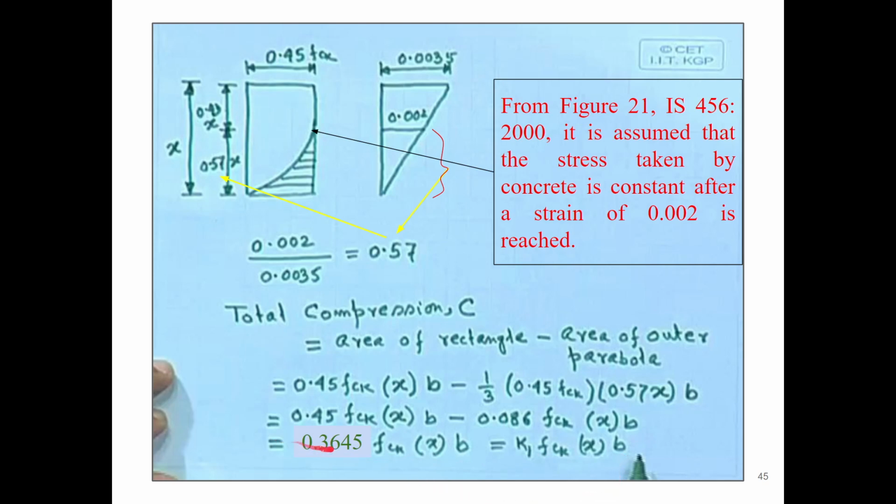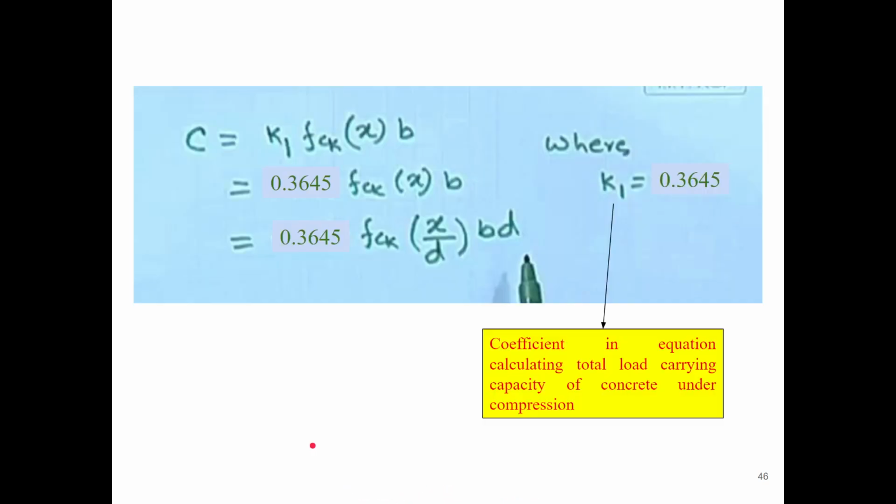So k1 is nothing but 0.3645. Dividing and multiplying by d, we get C equal to 0.3645 fck into x by d into bd. So k1 can be said to be the coefficient in the equation for calculating the total load carrying capacity of concrete under compression.